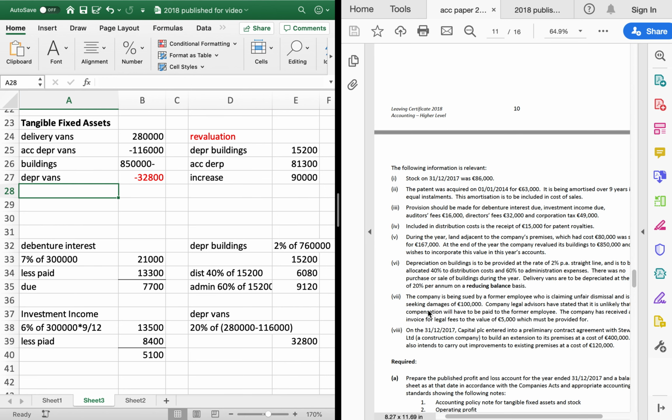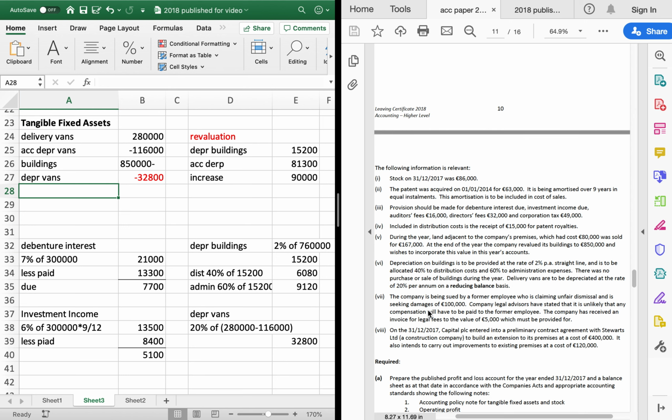Working 7. The company is being sued. It's unlikely they're going to have to pay out, so you don't do anything with the 100,000. If it was likely, you would go into creditors and your profit and loss account, but as it is, it will go into capital and reserves as a contingent liability, and it's not going to be paid out, so you don't have to worry about it.